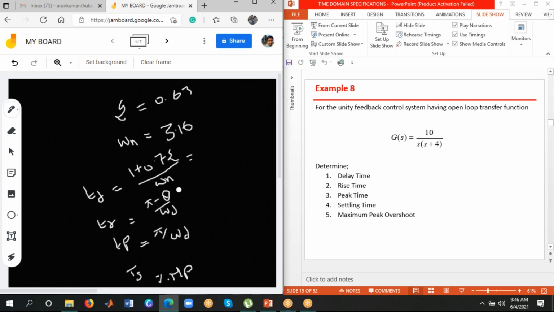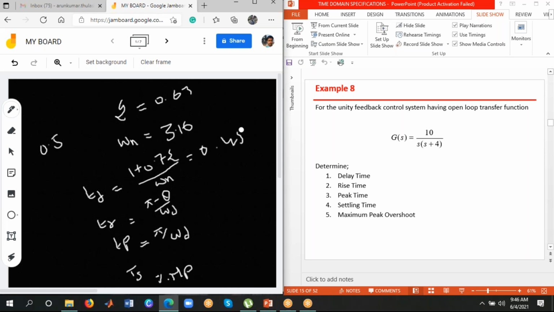I'll give you a clue: delay time is always nearer to 0.5, the 50% value. So you can check whether it is the correct answer or not. You will get 0.46 or 0.45.